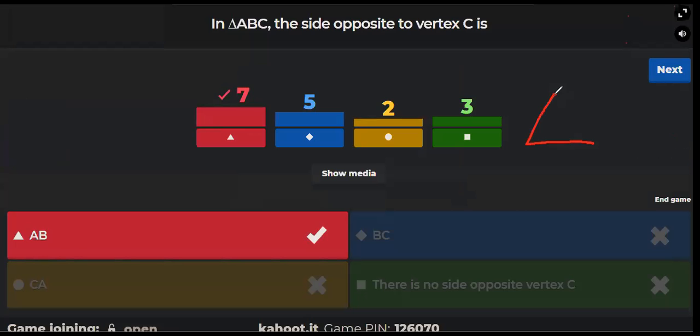If you talk about, see this, ABC, A, B, C, the side opposite to A will be BC, right? There's no image, Ragini, there's no image. Okay, next, let's see what's the scoreboard.